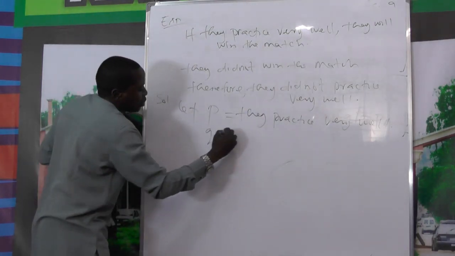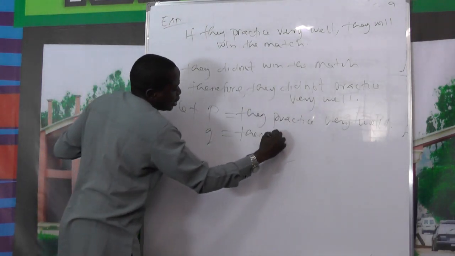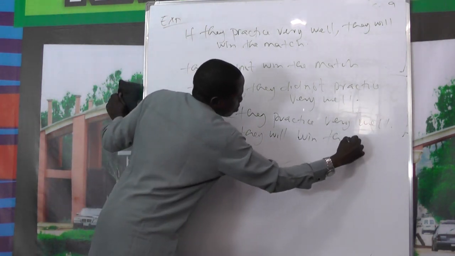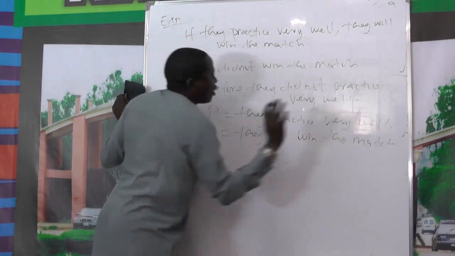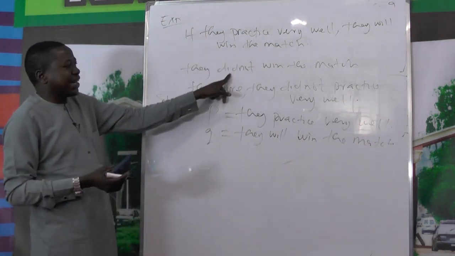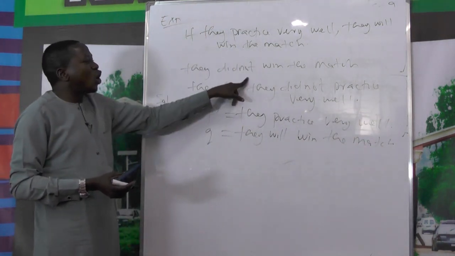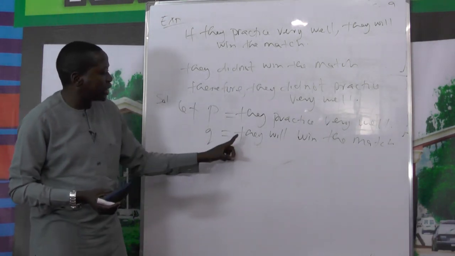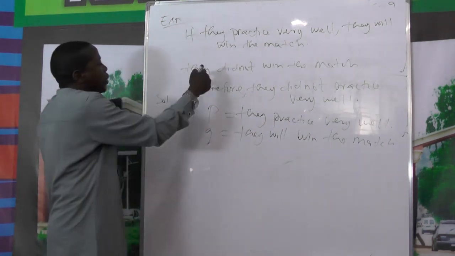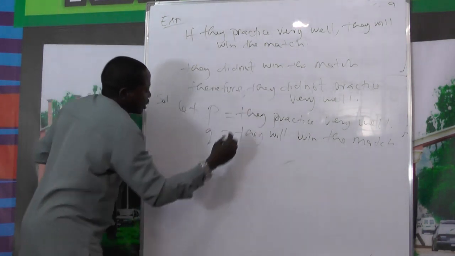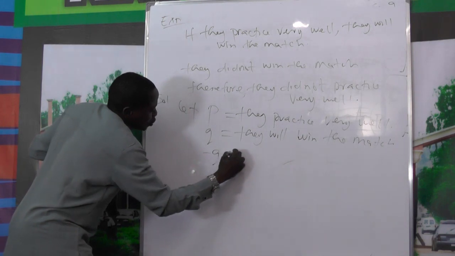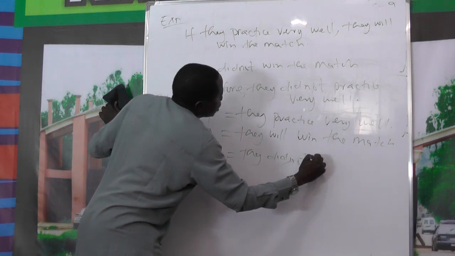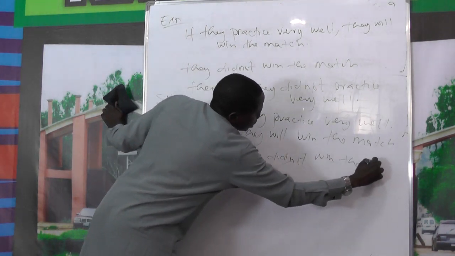So now we have two statements. This one is a negation: they did not win the match. It's minus Q, because Q is they will win the match, and here we have they did not. It means minus Q is they did not win the match.